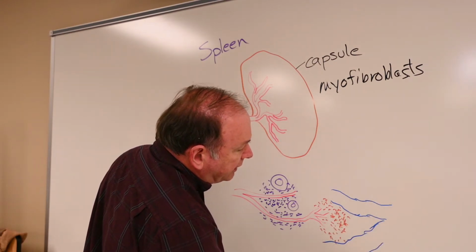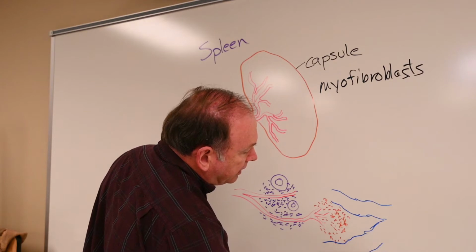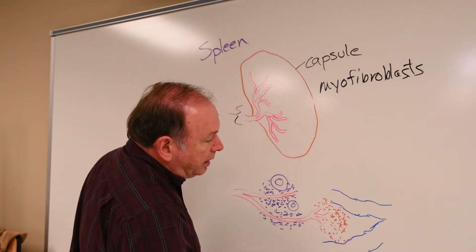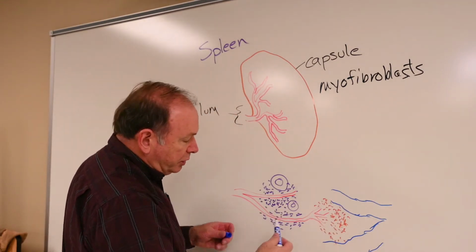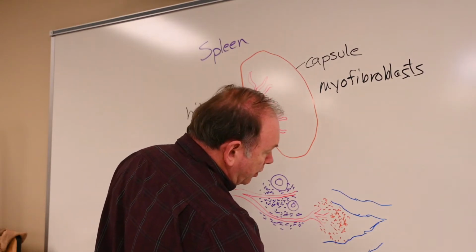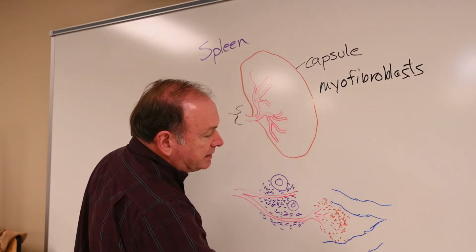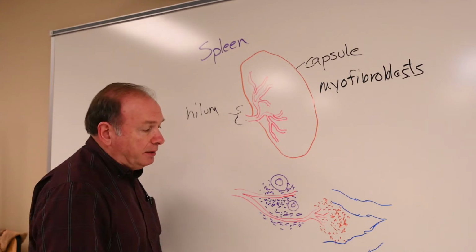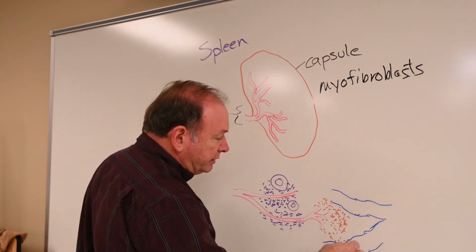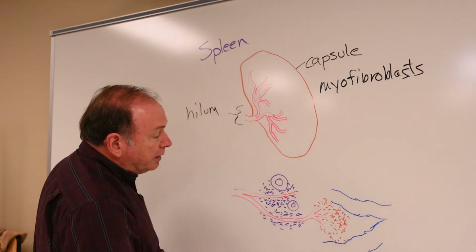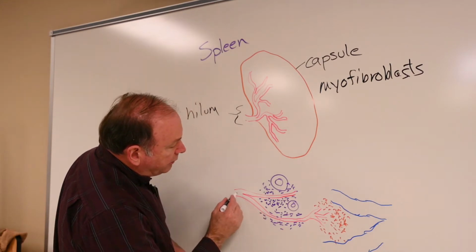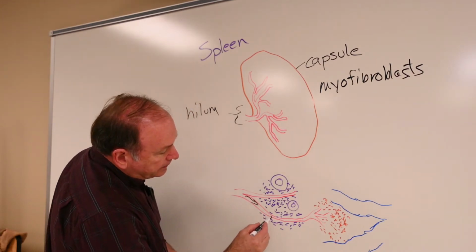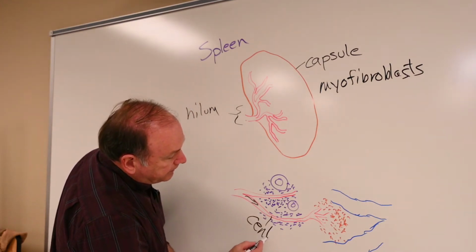So we have a number of these large spaces out here gathering up the blood that's been dumped into the splenic cords. And these are called splenic sinuses. These vessels are going to be retrieving the red blood cells going through there. So anyway, we have blood moving through what we call central arteries.